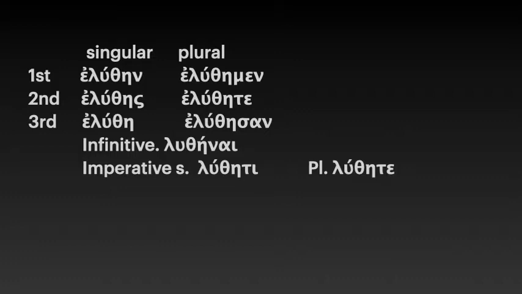Let's go through this. This is the table that we've got to learn, and we'll talk about where we've seen it before. In two previous videos, we've seen the aorist passive form erethe, it was said.